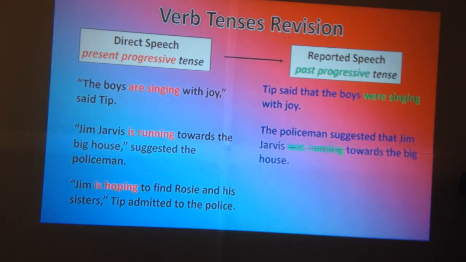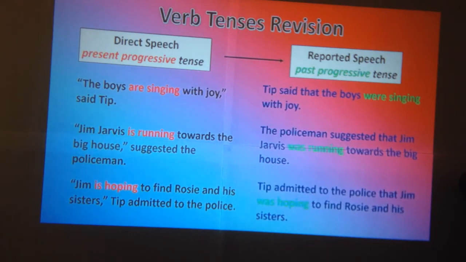Finally, "Jim is hoping to find Rosie and his sisters," Tip admitted to the police. Putting that into reported speech, Tip admitted to the police that Jim was hoping to find Rosie and his sisters. So again, what we should be noticing here is in reported speech we do not have inverted commas, and we have to put it in the past progressive tense, past tense.